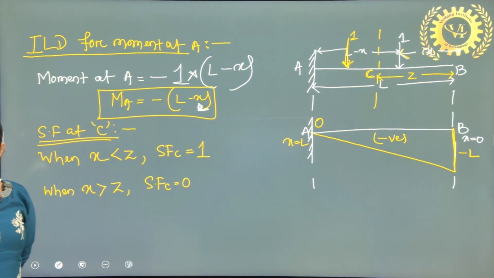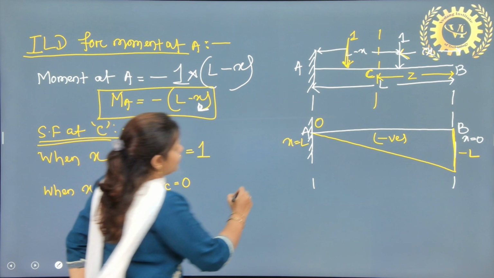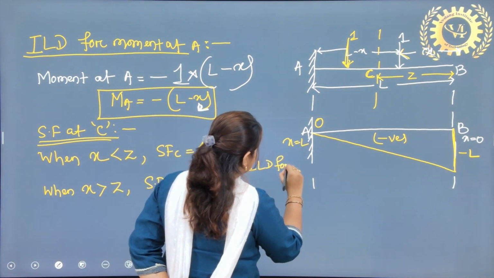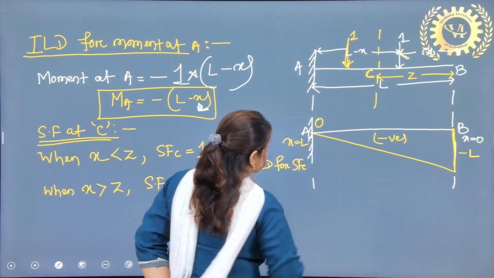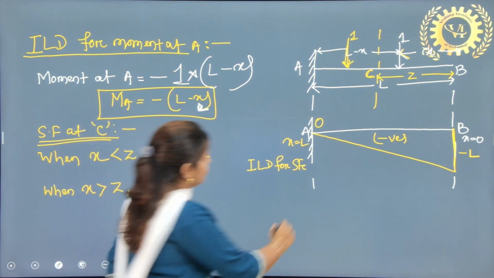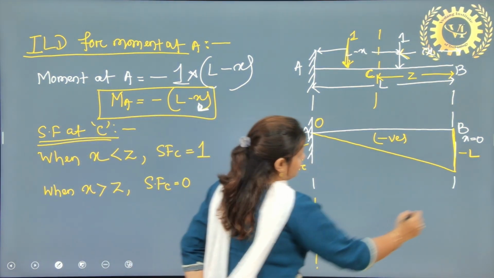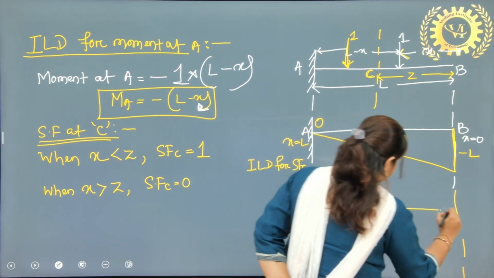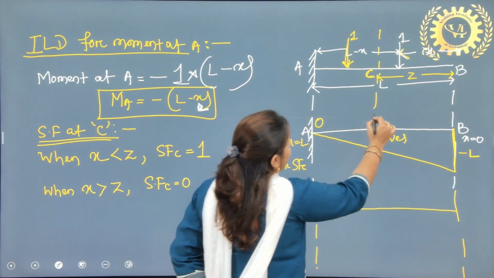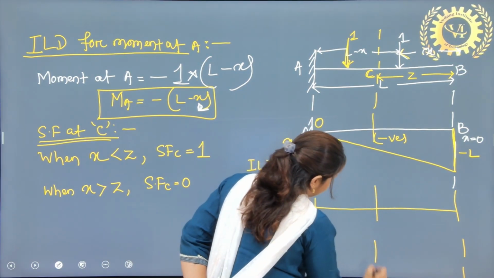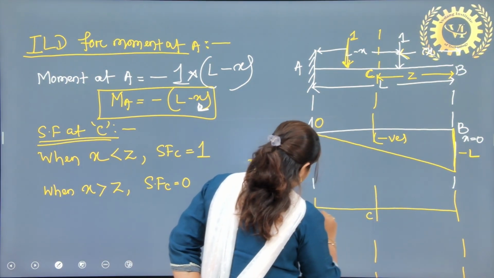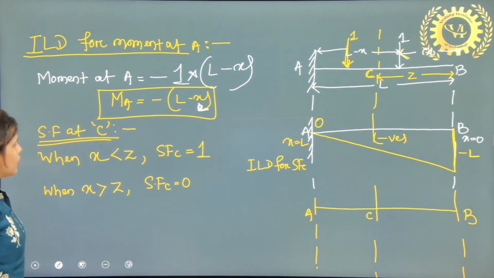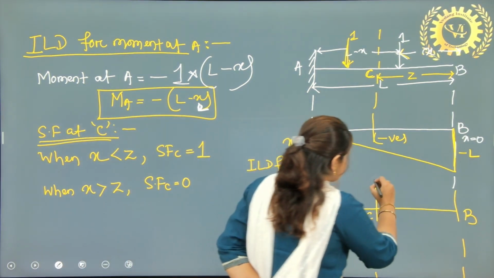So how to draw the ILD now? Here I can write the ILD for shear force at C. We'll draw another line, C, A and B. I can draw this.